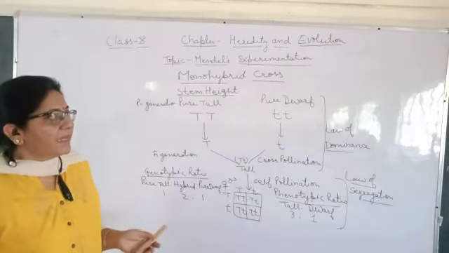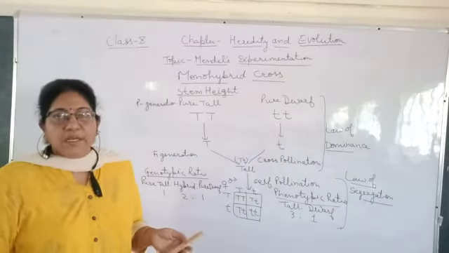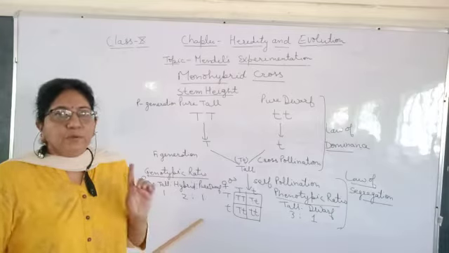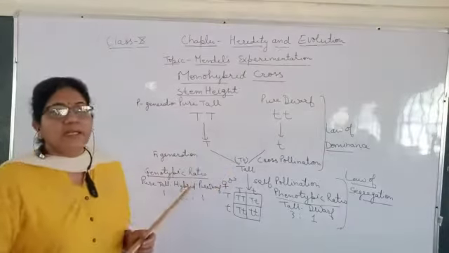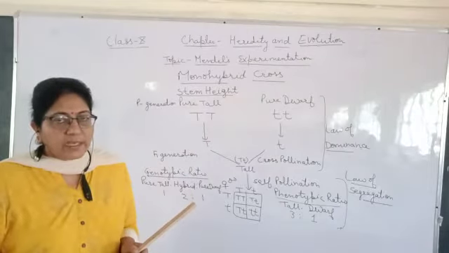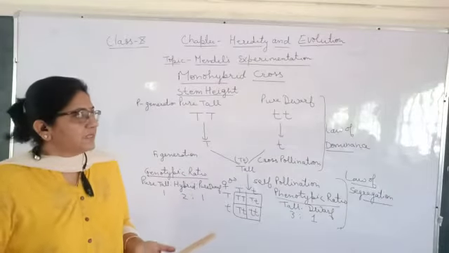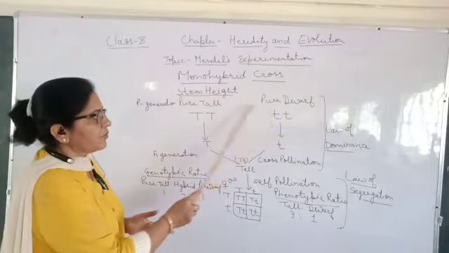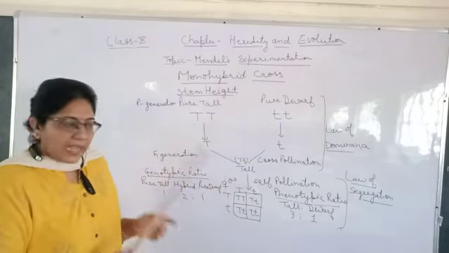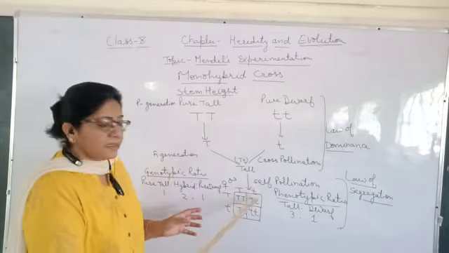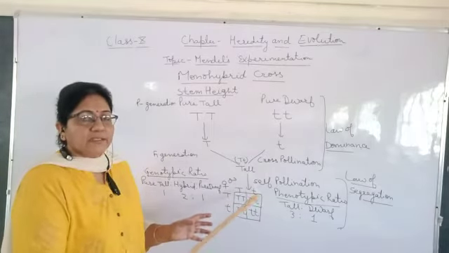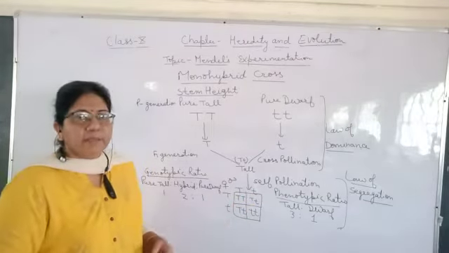So here Mendel has explained 2 laws. The law of dominance: only one character is going to express in the F1 generation, that is known as dominant, and which remains unexpressed, that is known as recessive, like dwarf and tall. And during gamete formation, all the traits get separated and then they are fused.